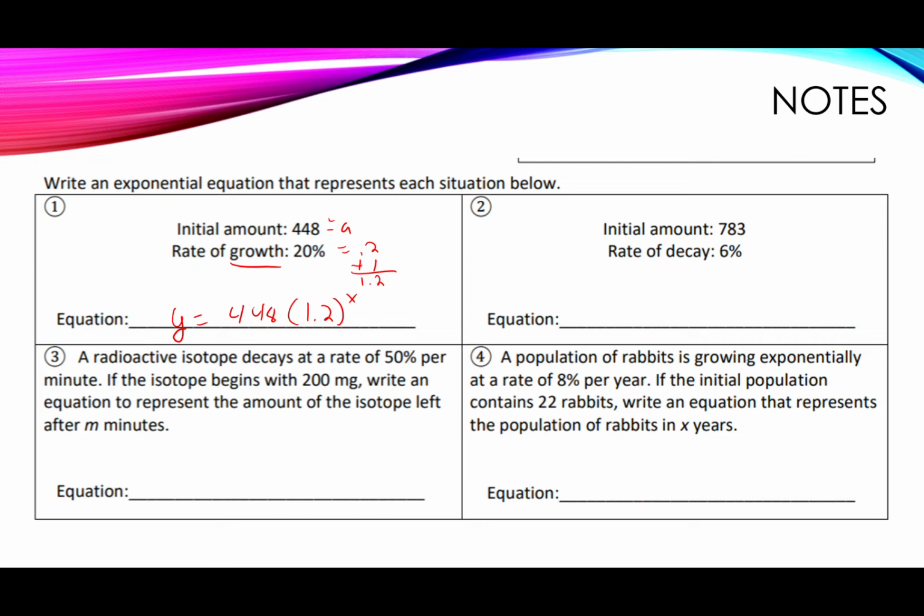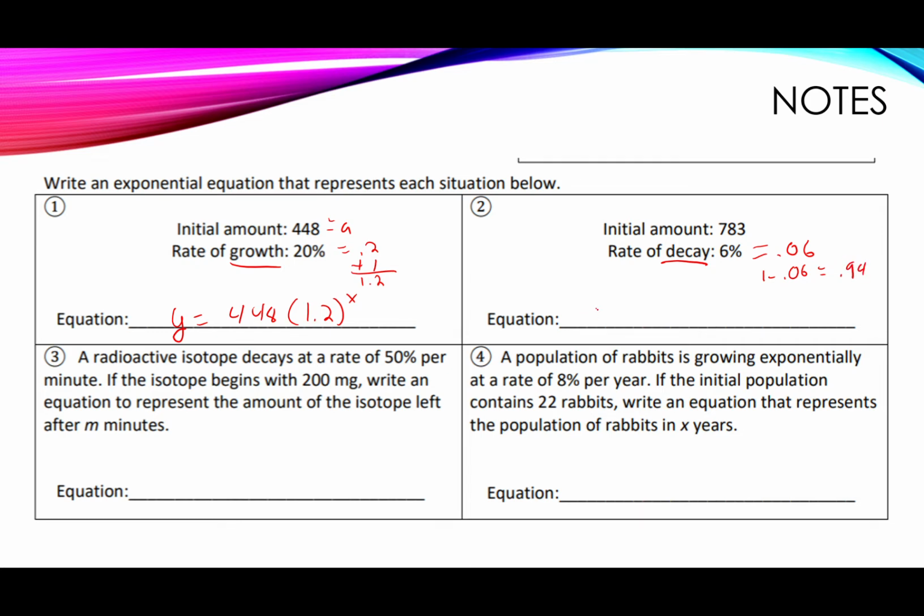Now let's look at number 2. This time I have a rate of decay. And so I need to make that into a decimal, 6%. Hopefully you remember you move the decimal over left twice, make 0.06, and then 1 minus 0.06 is going to get us our rate, and that's 0.94.